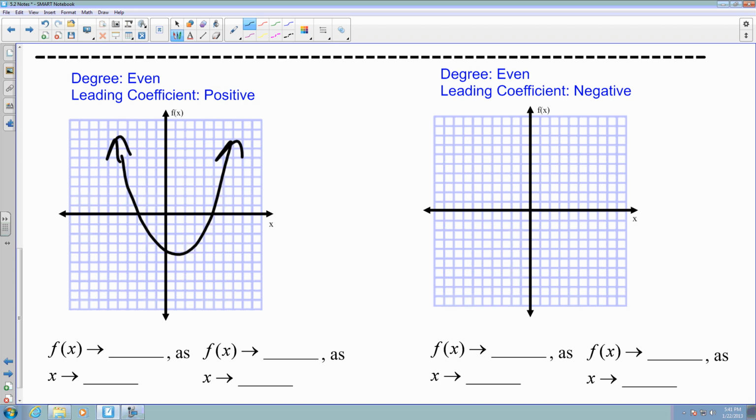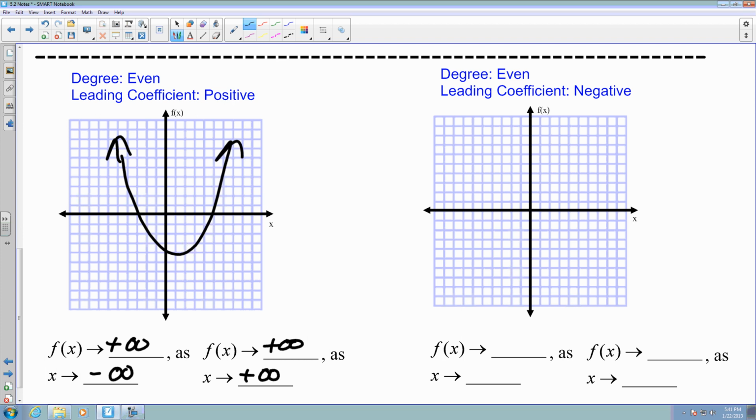If x is going towards negative infinity, I can tell that my f of x is still going large, towards positive infinity. If my x is going towards positive infinity, my f of x or my y is also still going towards positive infinity.